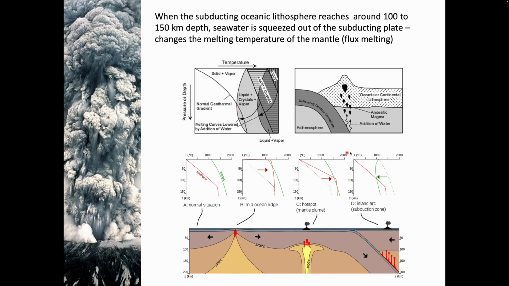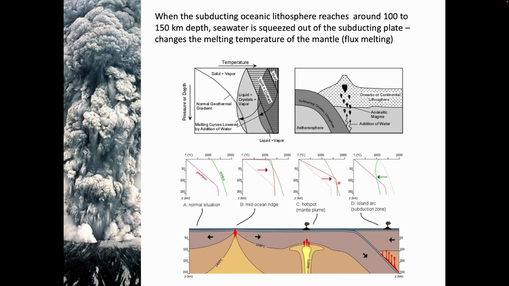This is just another way to show pretty much the same thing at our different situations, where we have a normal crustal gradient where we have the geotherm well away from the solidus, or the line where we get the first melting. At a mid-ocean ridge, the geothermal gradient gets really high, and so we have melting at very shallow depths.